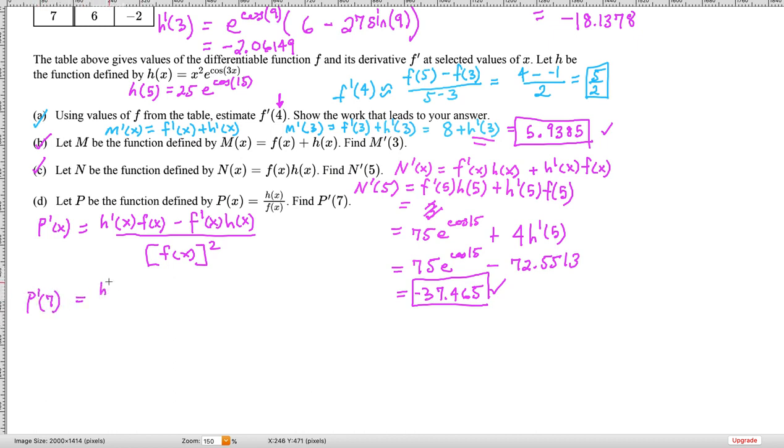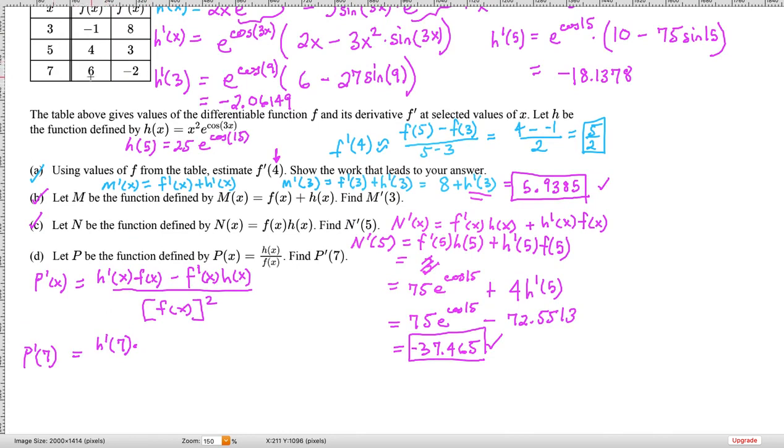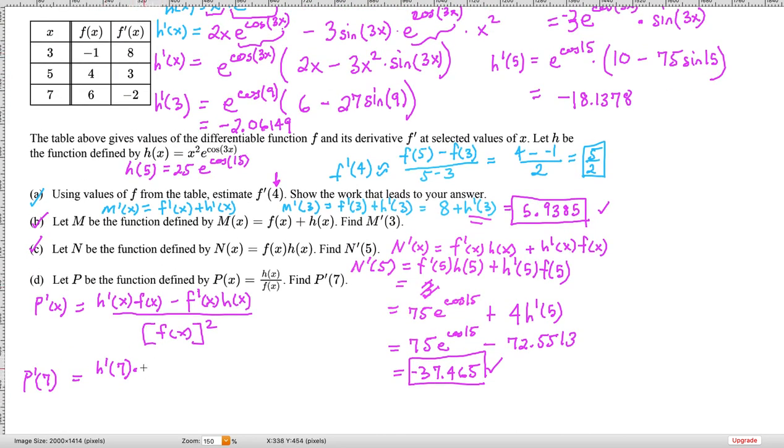And that's going to be h prime of 7 times, I'm just going to find out what f of 7 is right away. So f of 7 is 6, right? Yeah, f of 7 is 6 minus f prime of 7. So f prime of 7 is negative 2. I'm going to switch this to plus 2 times h of 7. So I'm going to find out what h of 7 is here. So h of 7 is 49 e to the cosine of 21.